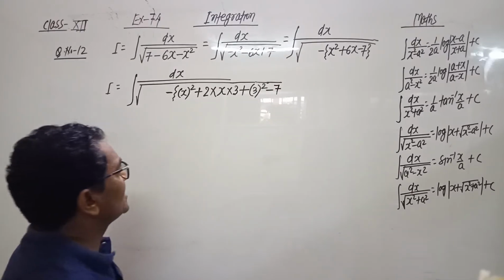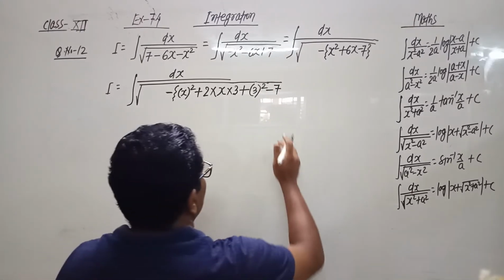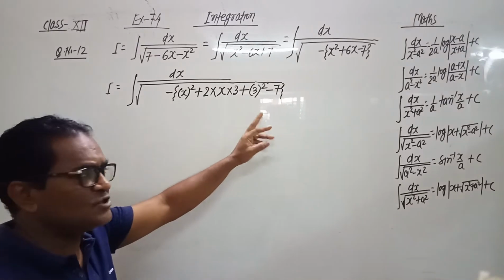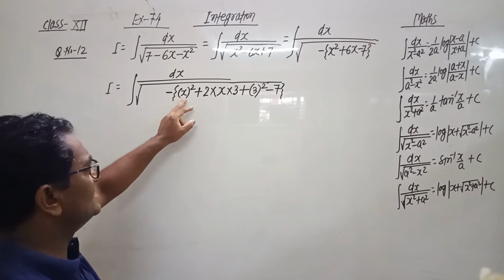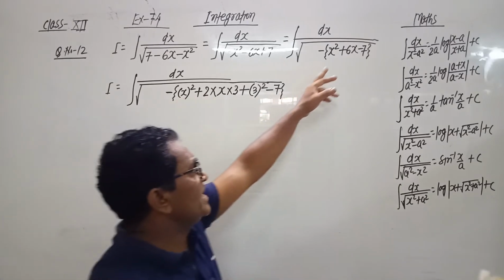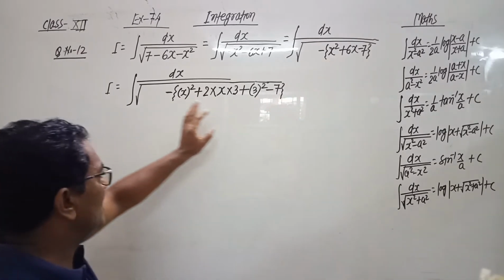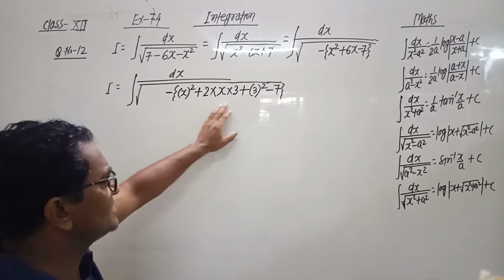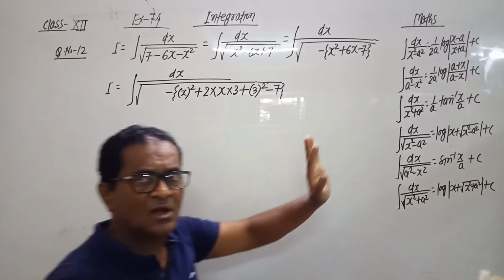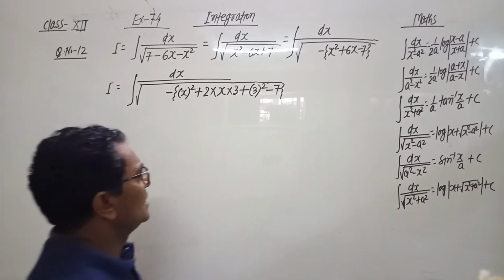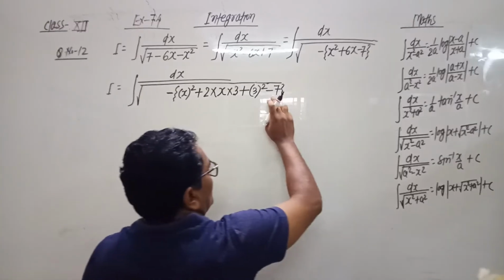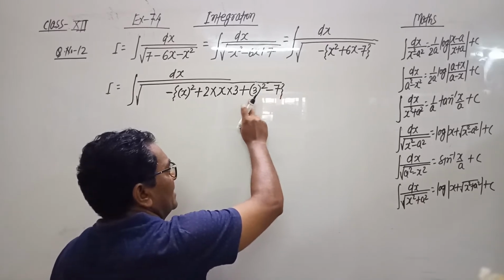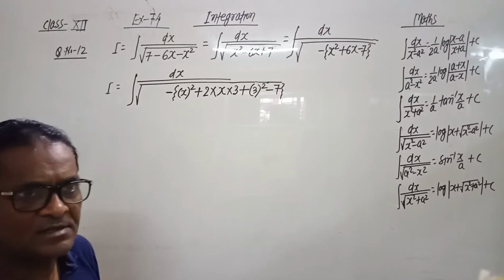So what is the extra term which we have taken? Already it was x square, and we got x square plus 2 into 3, that is 6x. There was 6x already, and there was minus 7, so here is minus 7. The extra term which we have written is plus 3 the whole square.